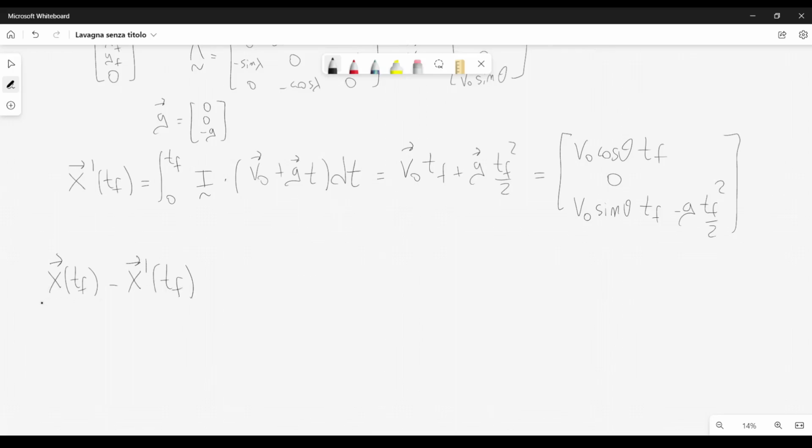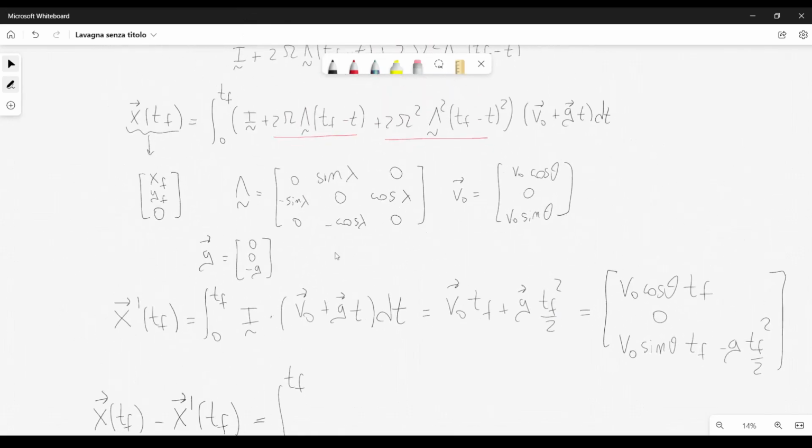And in this case, here we would find the deviation, and I will show you how. This is equal to integral from 0 to tf, and we have to simply eliminate the identity matrix from here, because the identity matrix will give us the solution to the problem if there were no Coriolis force.